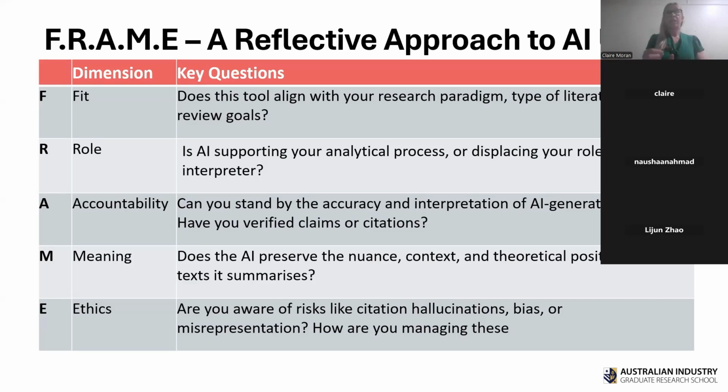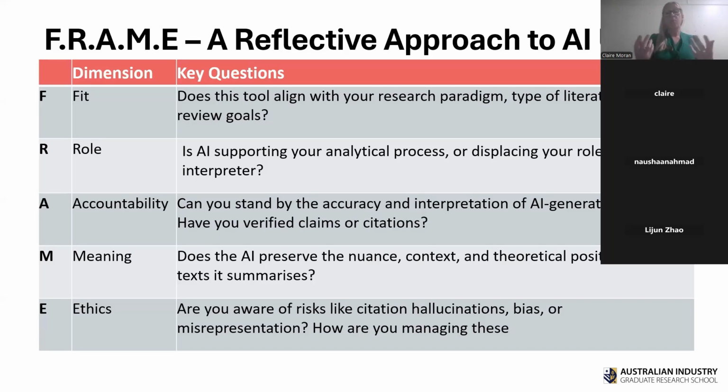Where does the accountability lie? Remembering always that the accountability lies with us, so that we can stand by what we're putting out into the world. Thinking about nuance, context, and theoretical position, recognizing that AI does those things quite badly, that is where we need to be very firmly in the research process.